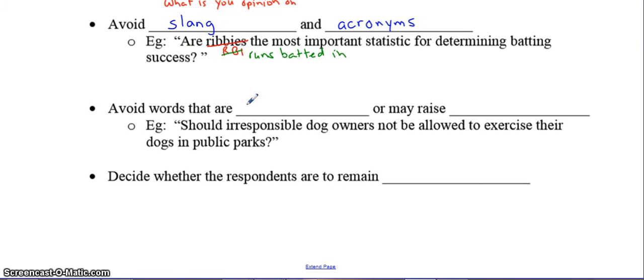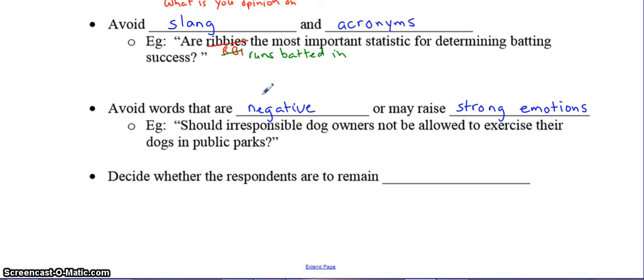Next, avoid words that are negative or may raise strong emotions. So for example, should irresponsible dog owners not be allowed to exercise their dogs in public parks?